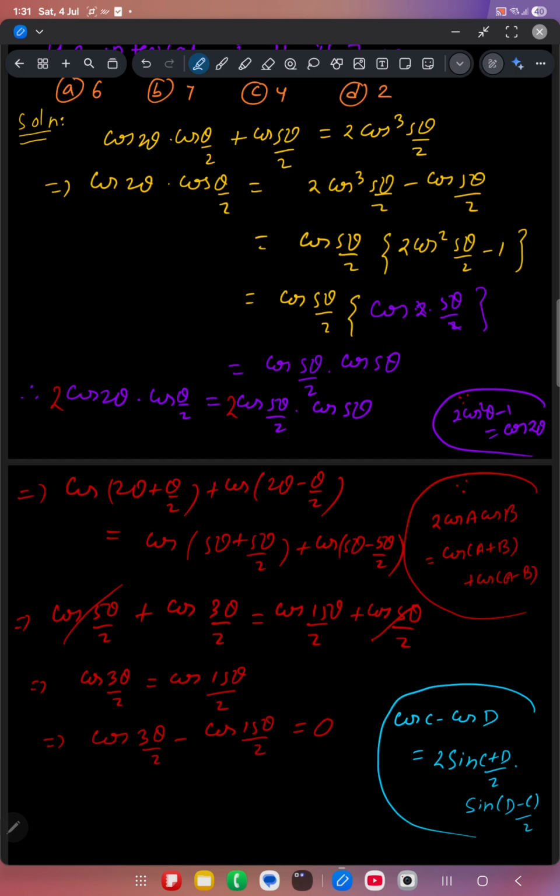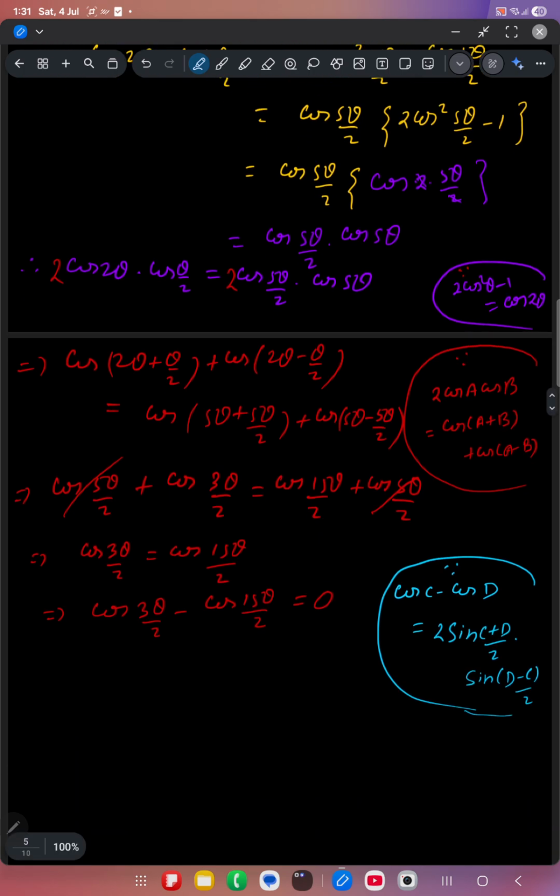This formula also you know. So we will apply this. In the case of cos C minus cos D, it gives 2 sin (C plus D)/2 and sin (D minus C)/2. So let us apply this formula.